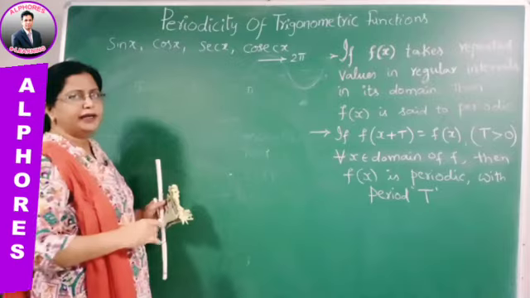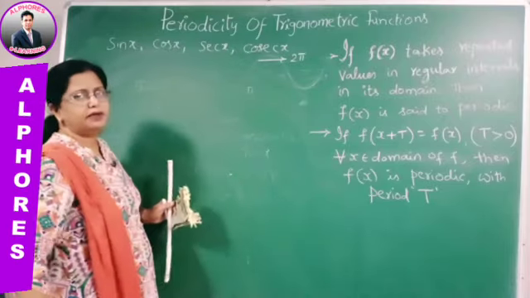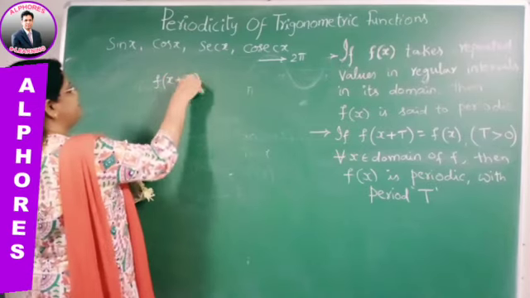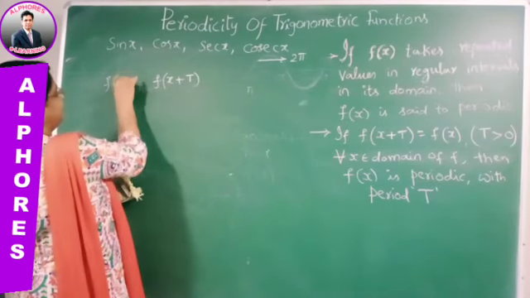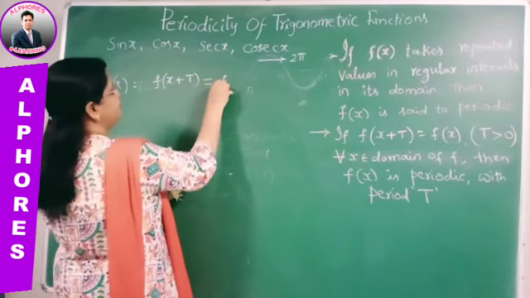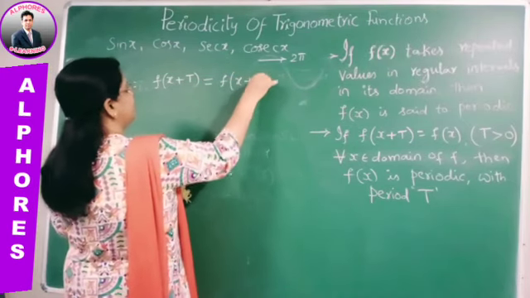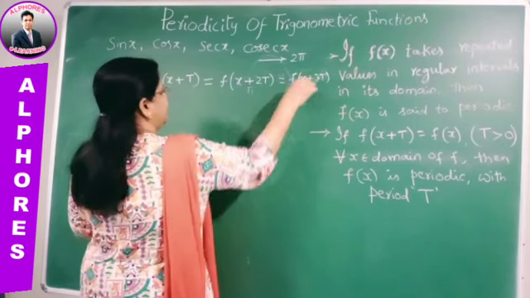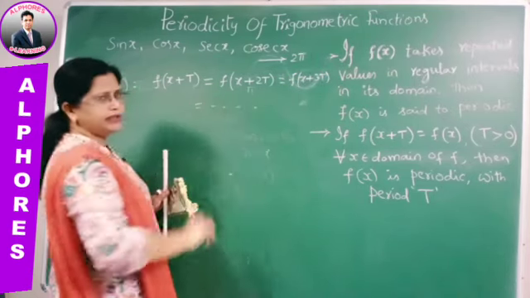But here we can observe one condition. For tan function, if I write f of x plus t, once it holds good, then not only for t, it can be even for x plus 2t, and x plus 3t. You can write many values in this way.